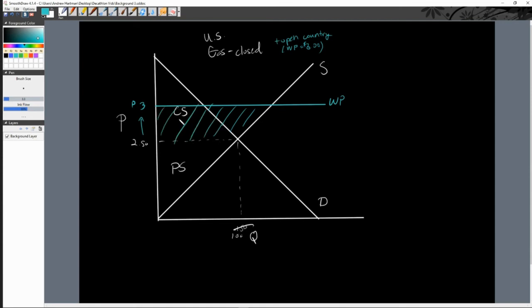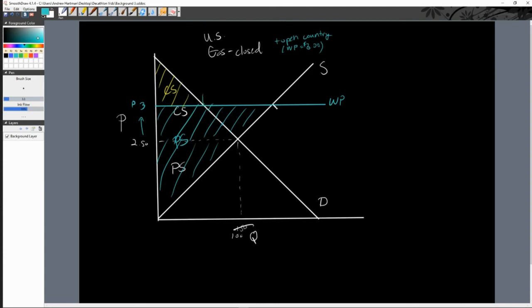We are also seeing producer surplus increase by this trapezoid amount. I don't know what kind of shape that is. That goes along with the previous producer surplus, while we're seeing consumer surplus shrink to this little triangle. So producer surplus has grown, consumer surplus has shrunk, but total surplus as a whole has gone up with this world price at a higher level with trade.